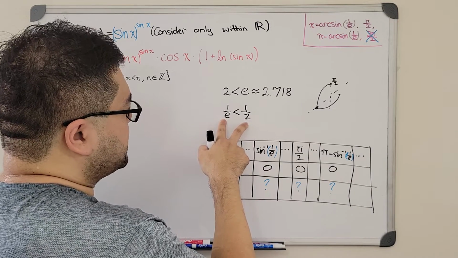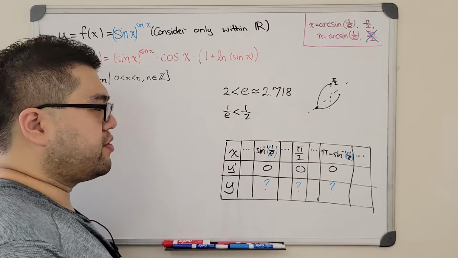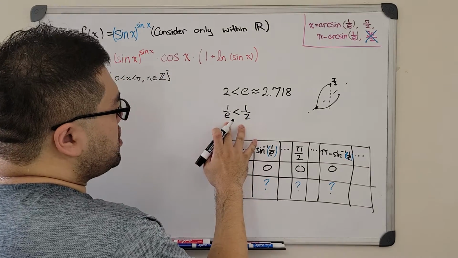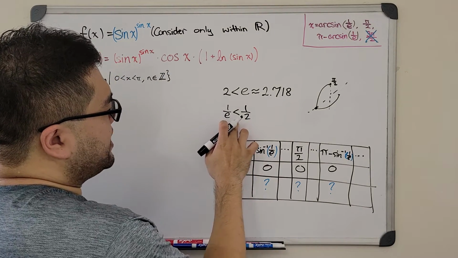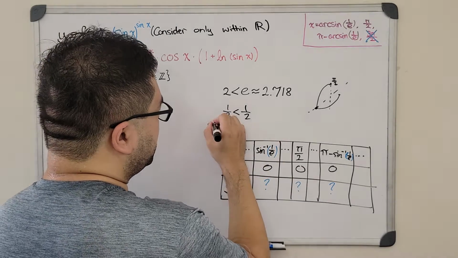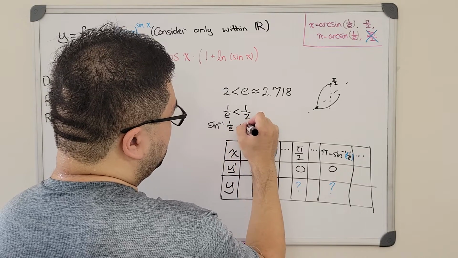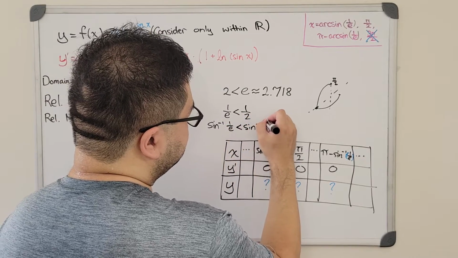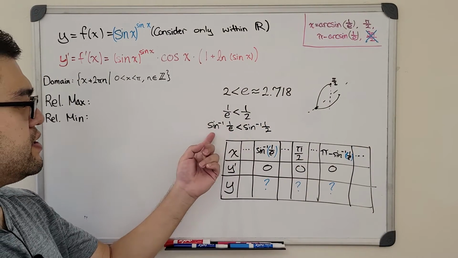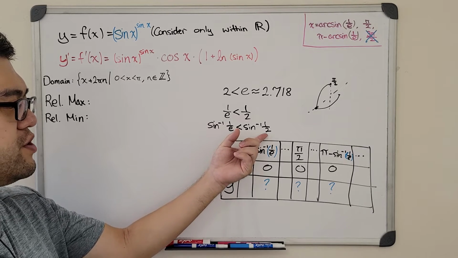Okay, so since it is a monotonic increasing function, it means that as x gets bigger and bigger, the y value, or output, will also get bigger and bigger. That means when we have 1 over e is less than 1 over 2, we can just plug in the inverse sine function here, which actually gives us that sine inverse of 1 over e is also less than sine inverse of 1 over 2.